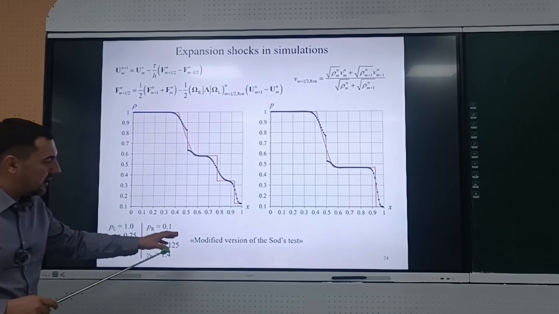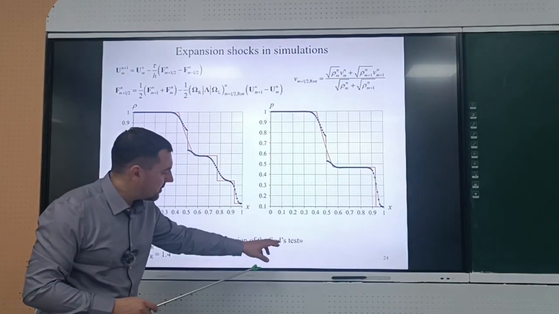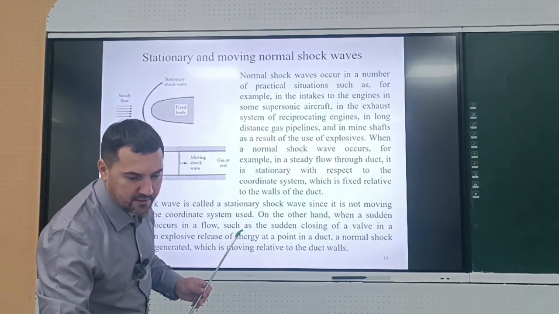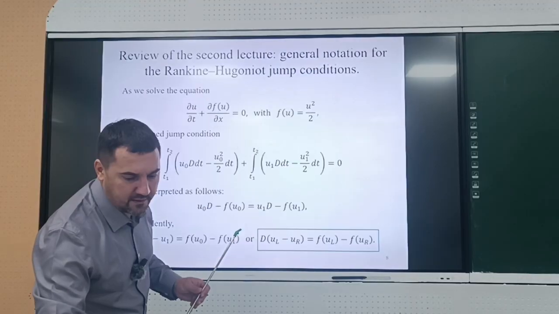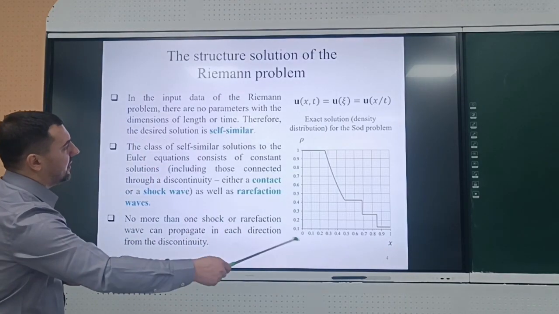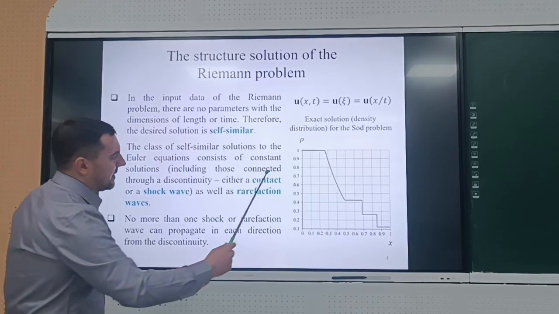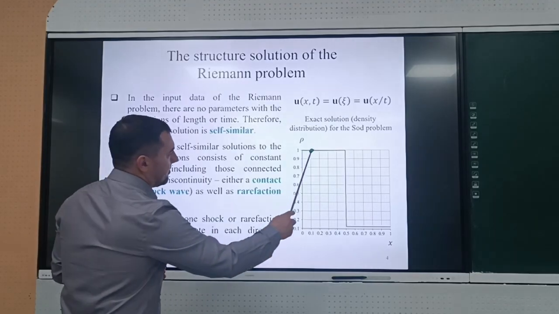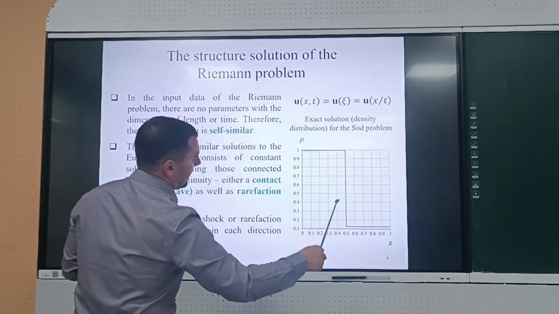Today I showed you the Sod test. It's not really a test; it was the illustration of a self-similar solution. It's just a known test where you have these densities to the left and to the right.